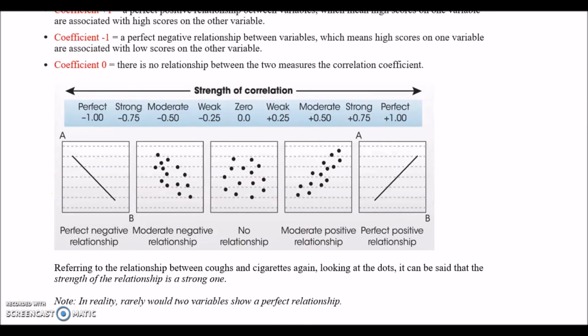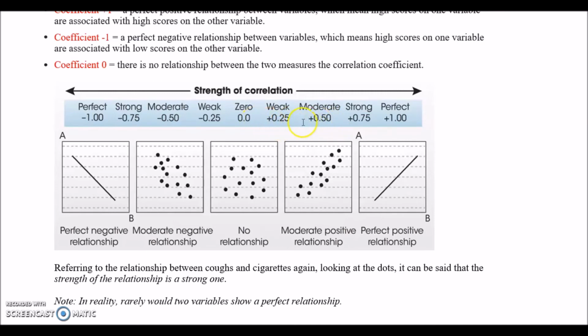So continue from where I left off just now. Okay, so how do you know whether something is weak, moderate, strong, or perfect? So if you look at here, this is your indication. If it's 0, that means there is no relationship. If it's weak, or 0.25 to 0.50, then it's weak.